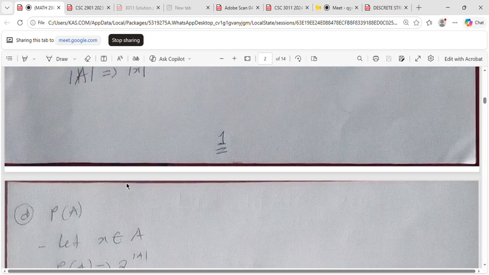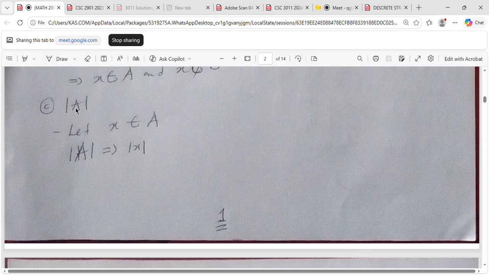So I'm talking about cardinality, and it is basically here. So we are saying A is a non-empty set. By it being a non-empty set, it means it has some element there. And cardinality is basically just the number of elements. So we are just saying it's basically that very element.